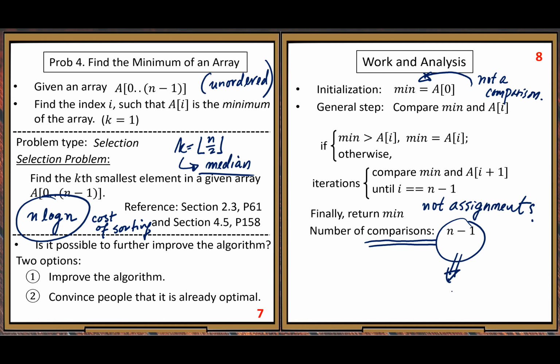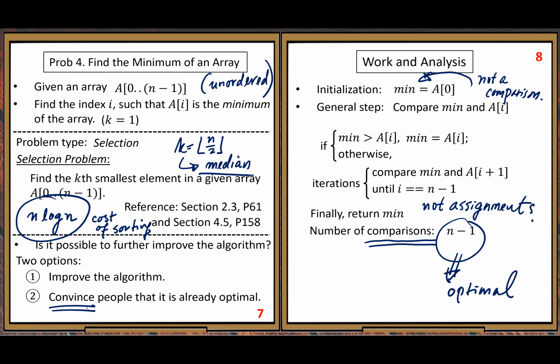So here, there is this issue. This solution is optimal. But the question is, how do you know it's optimal? You claim it is optimal, but you need to prove it. You need to convince people, and when you convince people, you need to give convincing arguments. Otherwise, people won't be convinced.